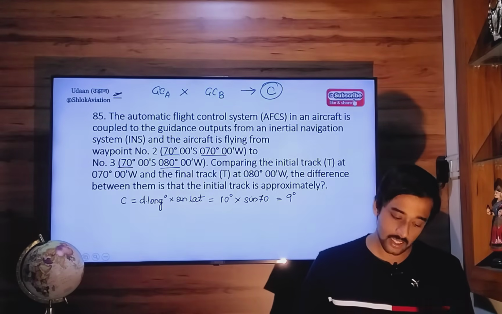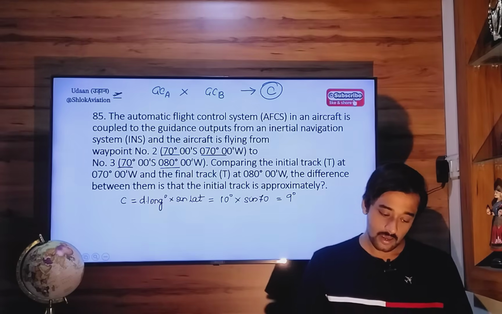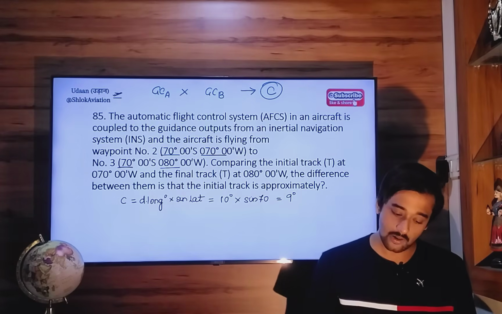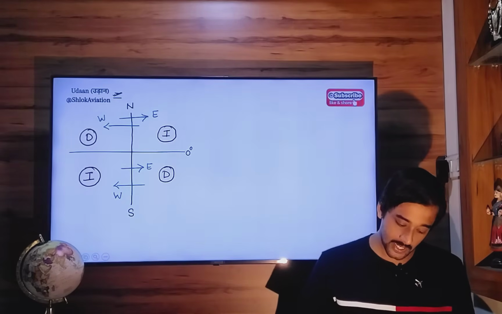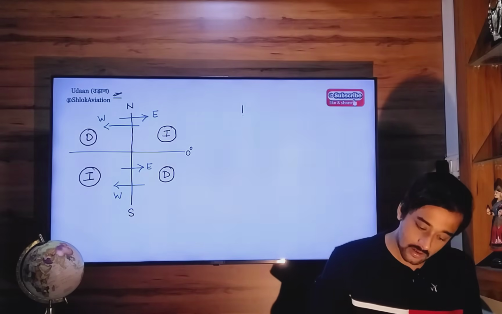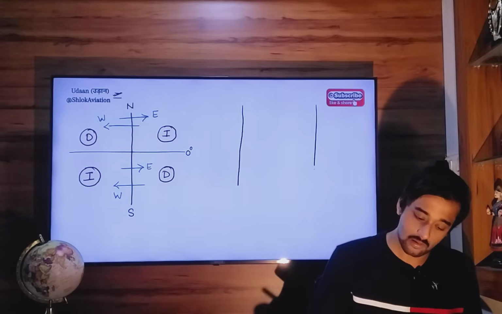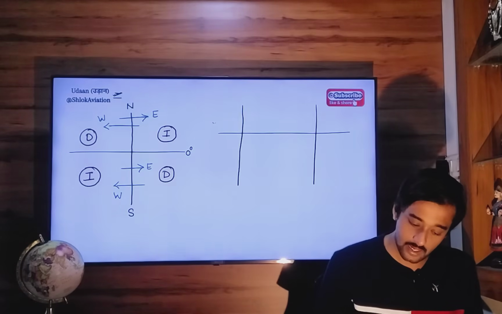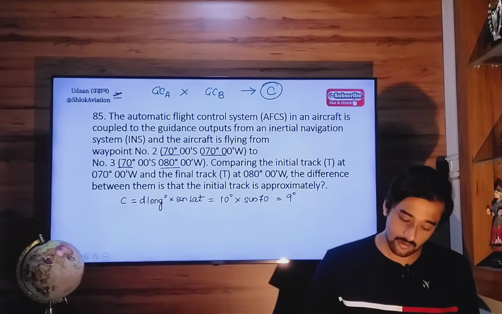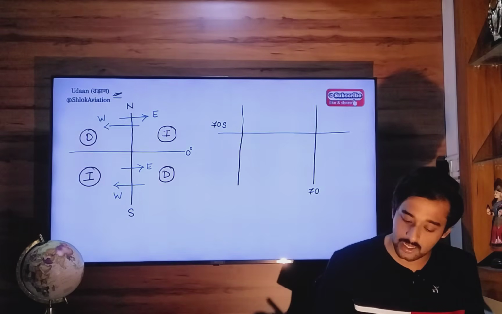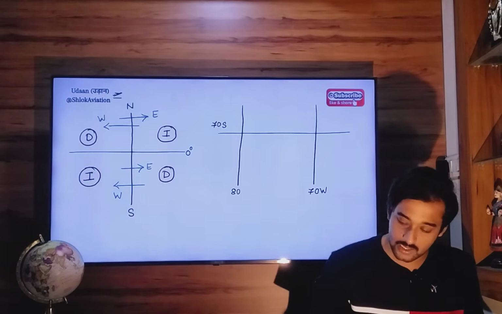Now let's understand the positions given in the question. Where are they? 70 south, 70 west. So both are located at the same latitude, 70 south. 70 south, 70 west, and 80 west. So this is the 70 west, this is your 80 west.